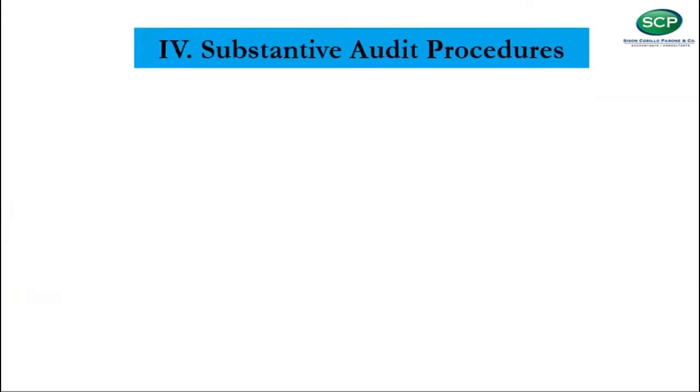So to help you further understand how a search for unrecorded liabilities is done, let's try to work on this sample case. Just to remind you again, search for unrecorded liabilities is best done in conjunction with our examination of documents for selected accounts payable and accrued expenses for testing.